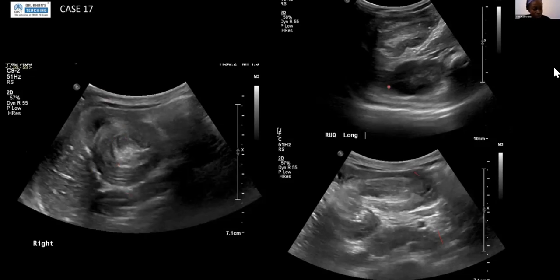And then here we've got a longitudinal view. We've elongated this structure and we can see the pseudo kidney sign. Here we've got a hypoechoic periphery and central hyperechogenicity, but we know it's not the kidney because we've got the kidney down here. So this is a pseudo kidney sign, which I'll come on to explain.